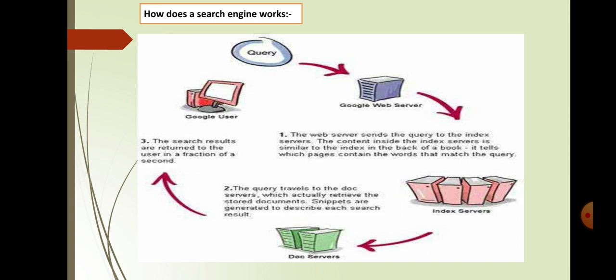In the same way, to respond to the user quickly, the Google server creates an index server and a document server. So this way the response is searched quickly inside the server and goes to the user fast and conveniently. Now this is all about how a search engine works.